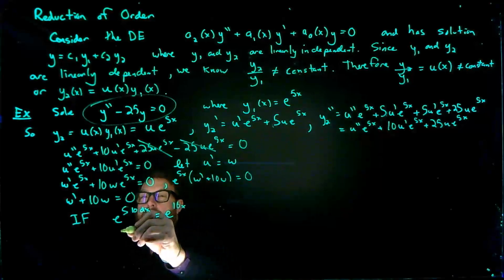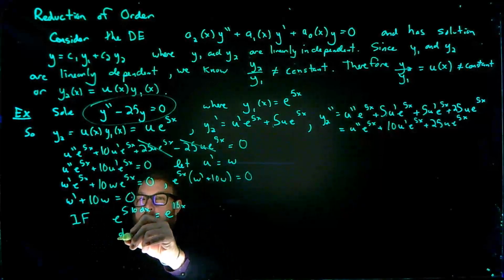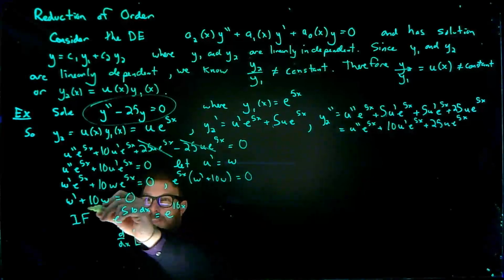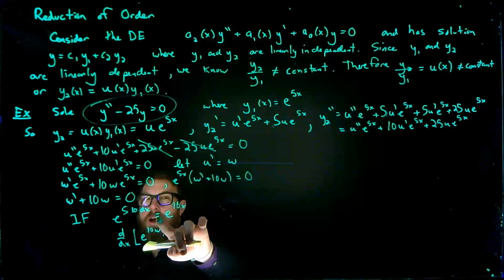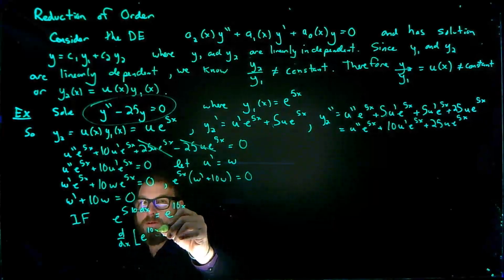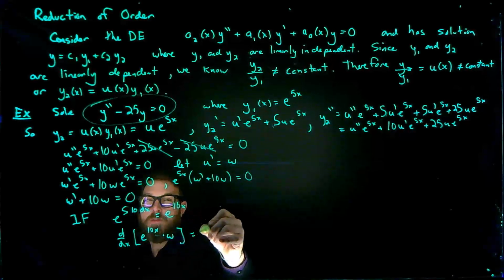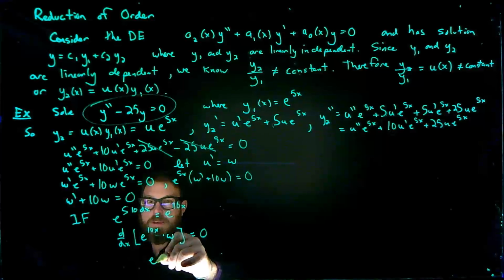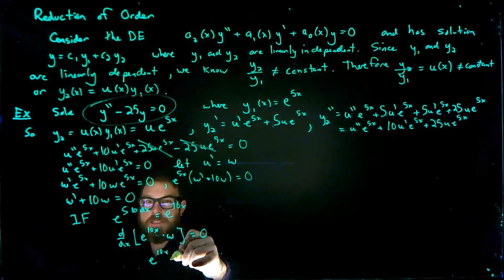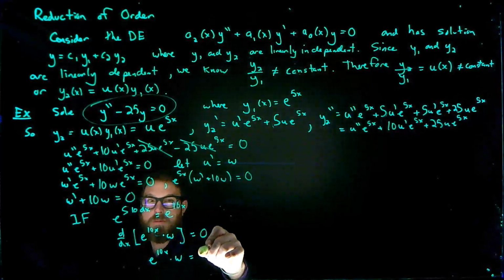So we know that this left-hand side now represents the derivative with respect to x, the product rule of our integrating factor and our w, which is equal to 0. Now, integrating both sides, this is going to be e to the 10x times w, and this is going to be equal to our constant.